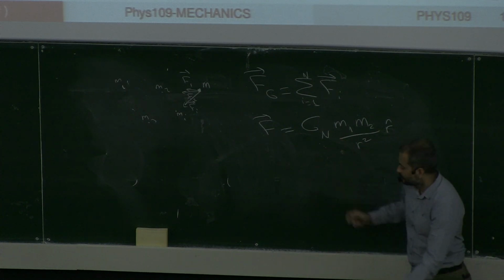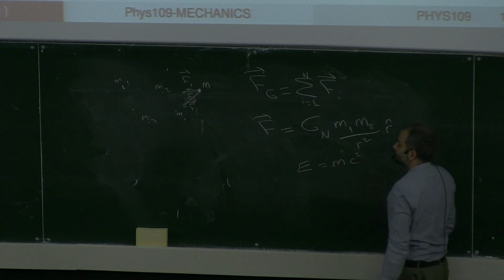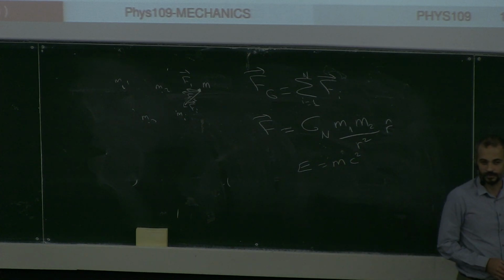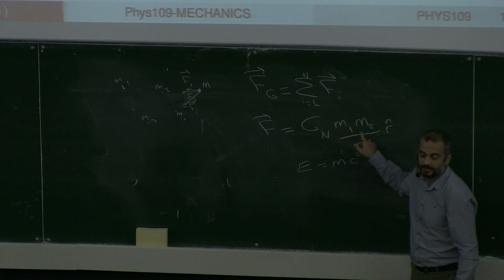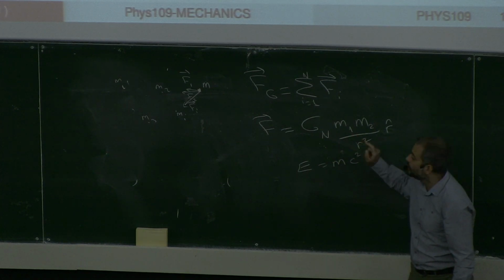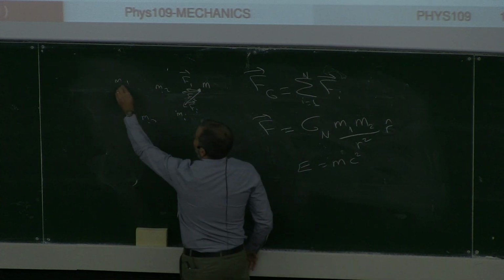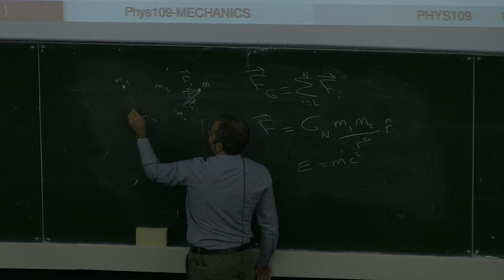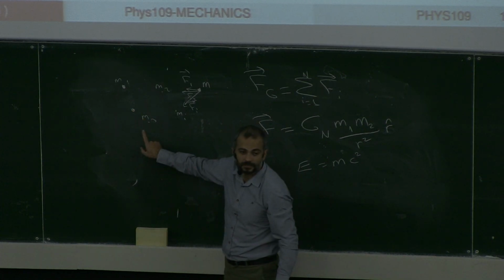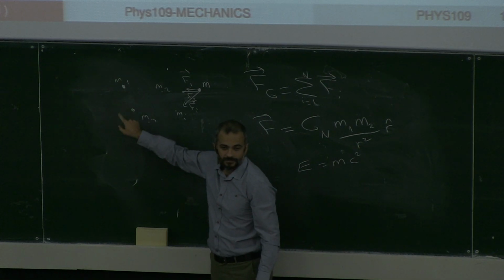And you know the famous formula. If you have a mass, it has a corresponding energy. So it is this energy that should appear here in Einstein theory. But if you have such a system, this mass here has an energy. If you put a second mass, this mass also has an energy, but there's also their mutual gravitational interaction energy.